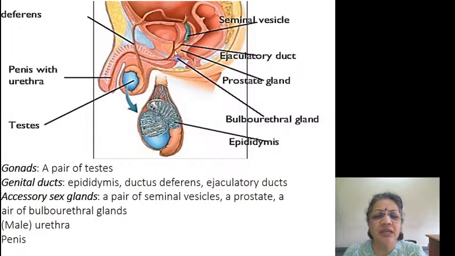But from here onwards, the seminal fluid is going to enter into the urethra and then be led to the external environment to be deposited in the vagina during the act of sexual intercourse or copulation. Whatever is being conducted in the vas is production from testis and epididymis only, and the epididymis doesn't add much. It modifies, it filters to some extent, but doesn't add much material to the semen, which mainly now consists of a whole bunch of spermatozoa.